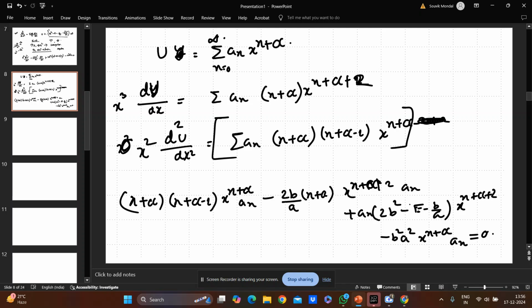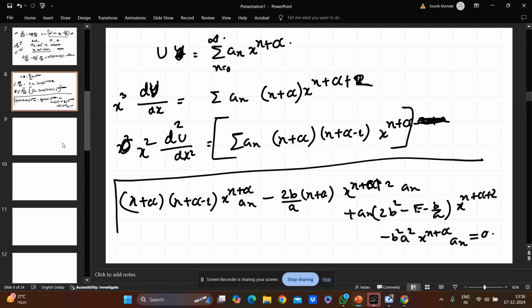So this is the power series form of this differential equation.